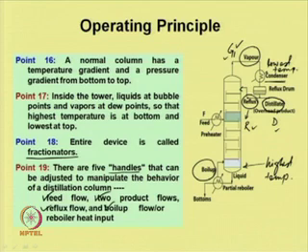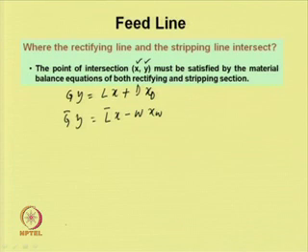Let us see the figure where we designate this is D and the composition is x d, and the vapor which is coming out is G, and the bottom which is coming out is W, and x w its composition. The liquid above the feed tray is L and below the feed tray is L bar. So, using this convention you can do the material balance equations for the feed line.